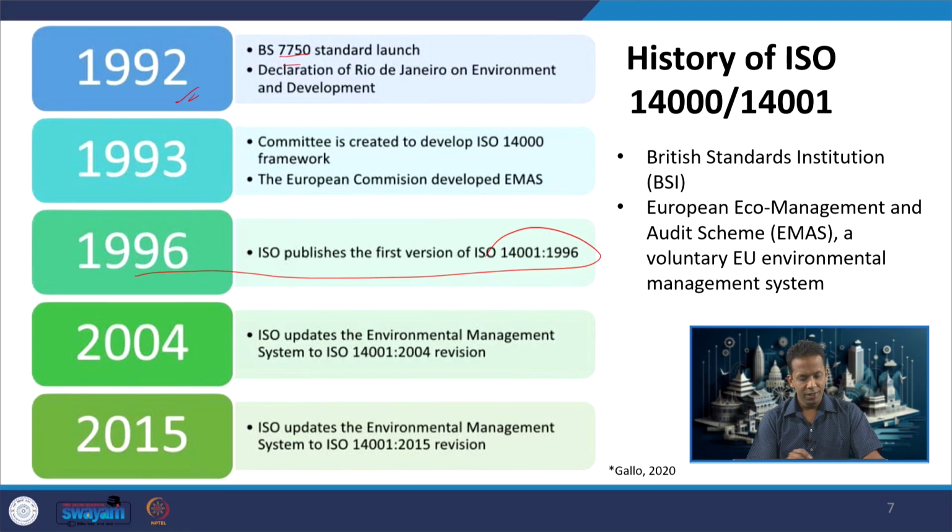Then in 1993 a committee was formed to develop the ISO 14000 framework, and while this committee was formed by ISO, in parallel the European Union had their own standard scheme, EMAS, the European Eco-Management and Audit Scheme. It is also a voluntary standard of the European Union and a commonly used environmental management system just like ISO 14001. Then in 1996 the first version of this standard was published, and it got updated in 2004 and 2015.